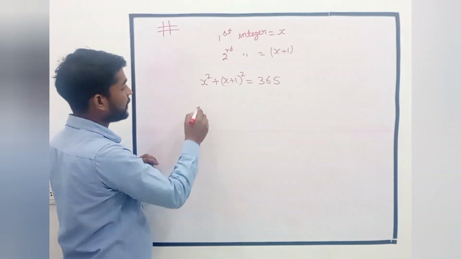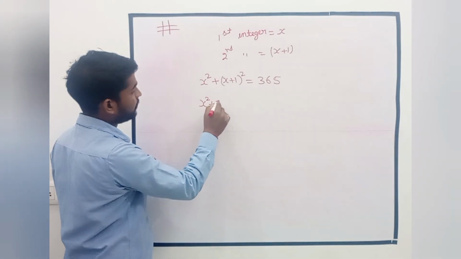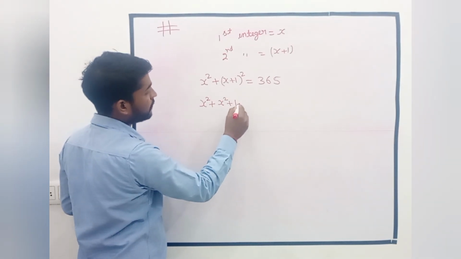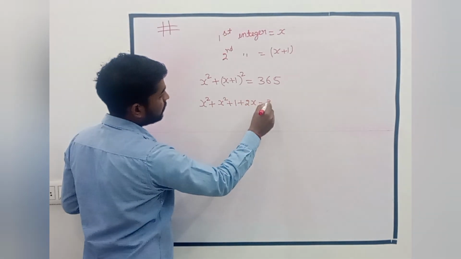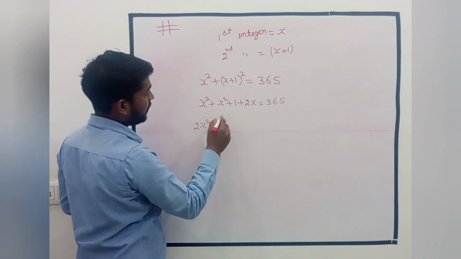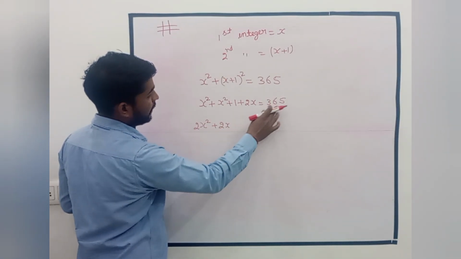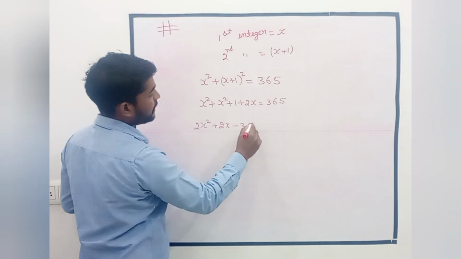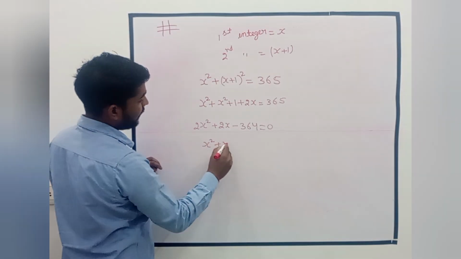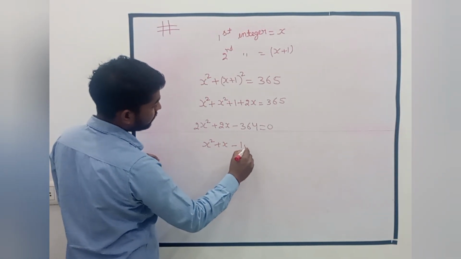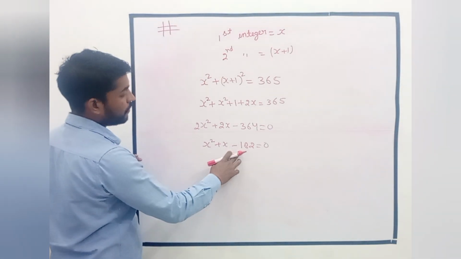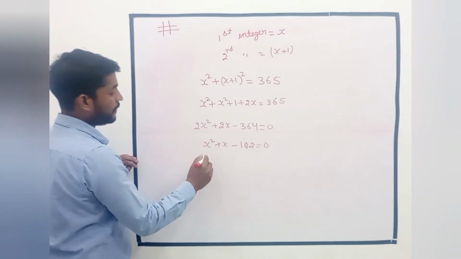Again we will form the quadratic equation. We will solve this using a plus b whole square, and it transfers to this, and then becomes 364, and this equation is divisible by 2. Then we have again the factors of 182, and the difference is 1.